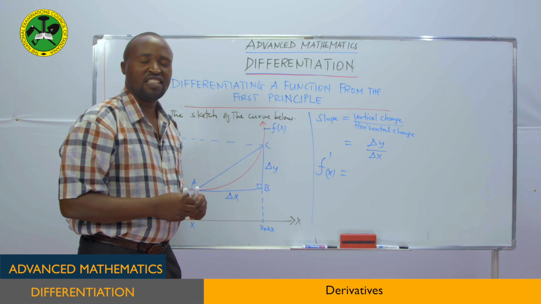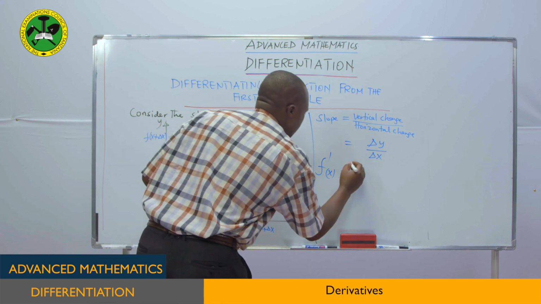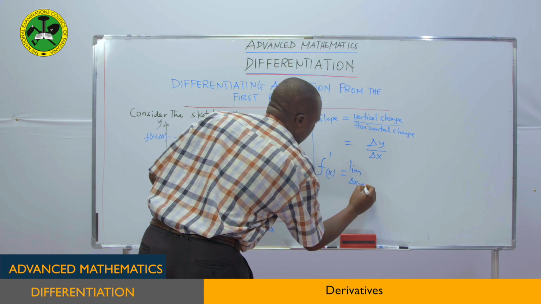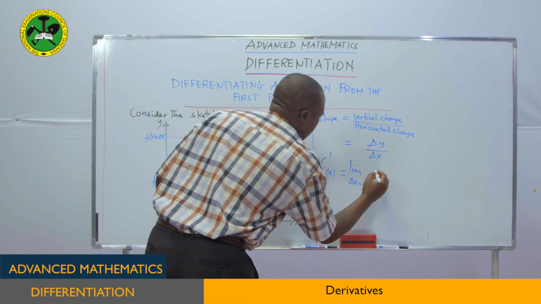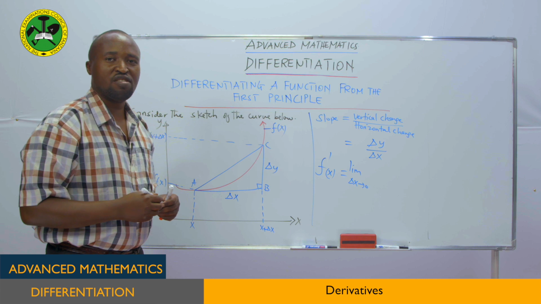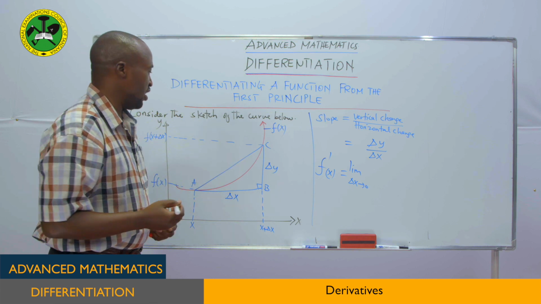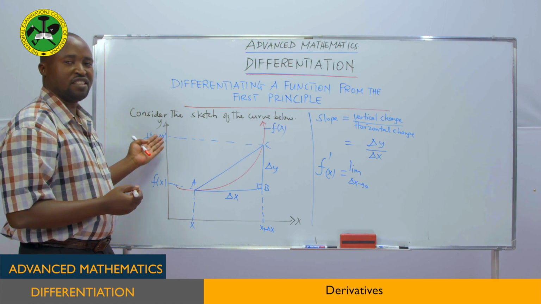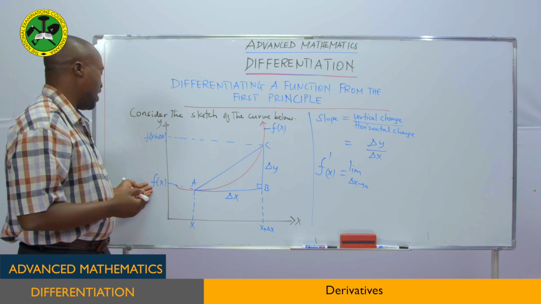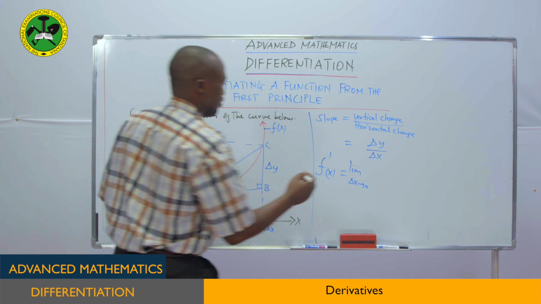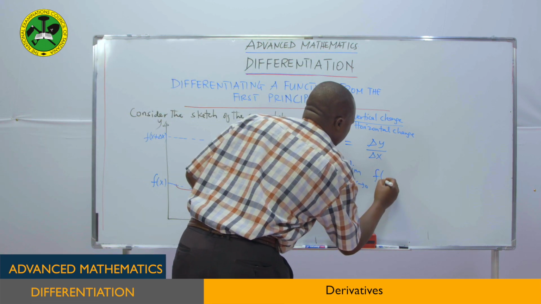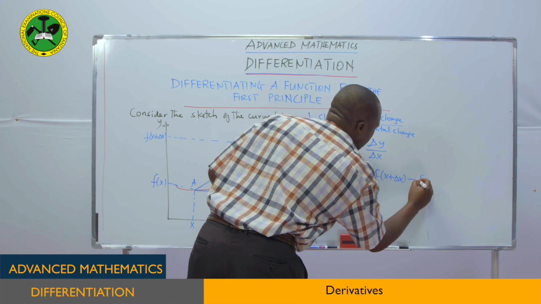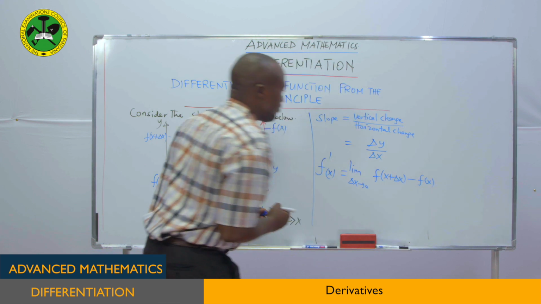And if you consider that there is a limit, this will be the limit as change in x approaches 0. For delta y, that is change in y, it will be f of x plus change in x minus f of x.